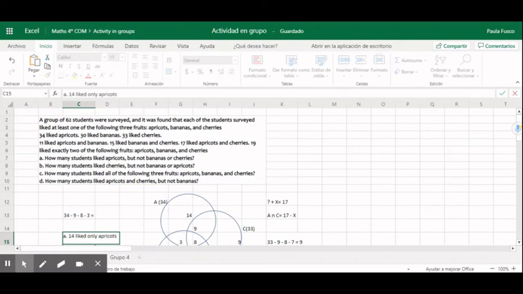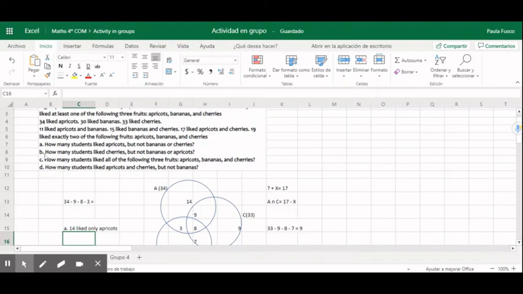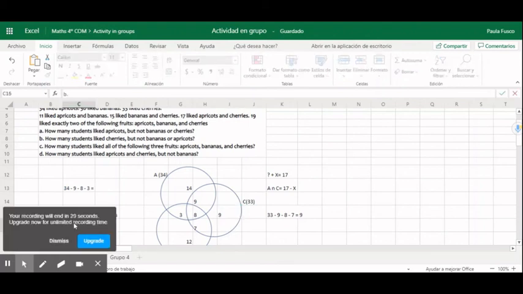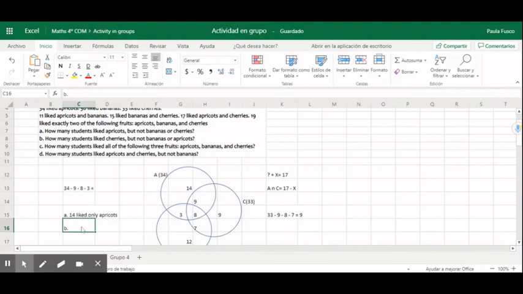Okay. Then question B, how many students like cherries but not bananas or apricots? So we have to check on the cherry set C, and the answer is 9. Okay, 9.